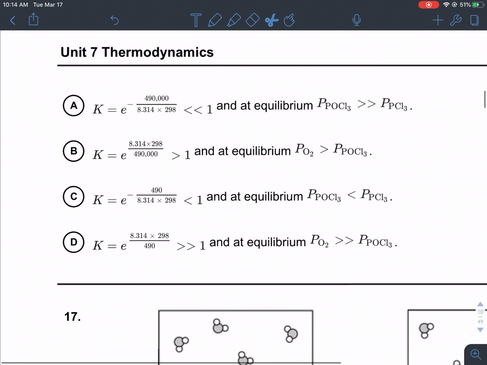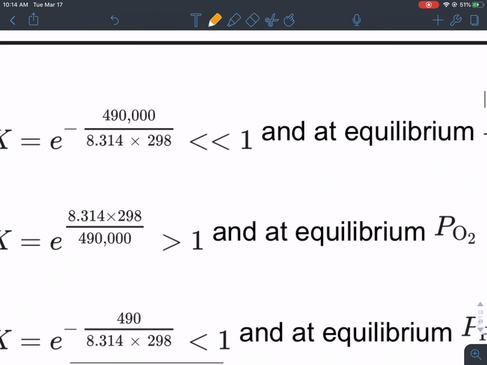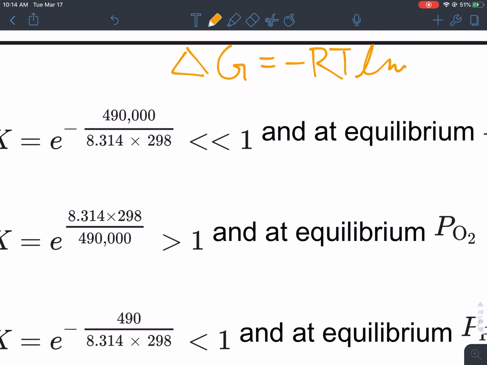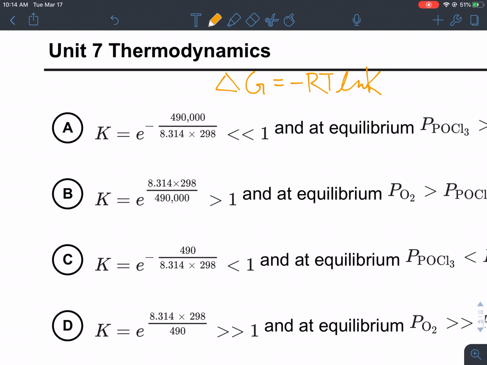That's not E as in electrons, that's E as in ln. So we're talking about delta G is equal to negative RT ln K. Let's get K by itself.